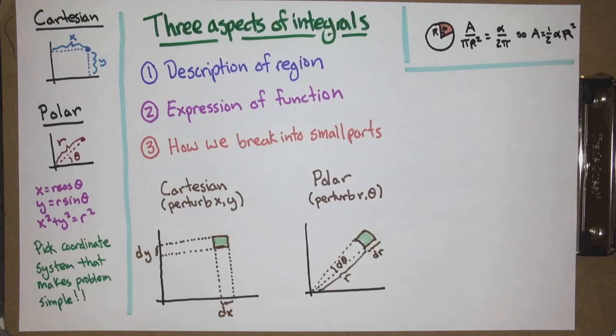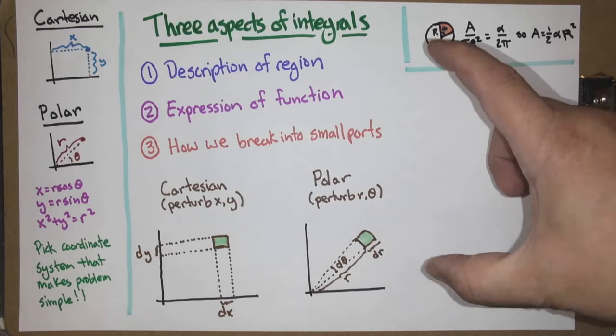We're not trying to change our problem. Ultimately, what we're trying to do is change the description of what things are in the space. And in different coordinate systems, sometimes descriptions can be simpler or more complex. So our goal is to say which description is easier to work with.